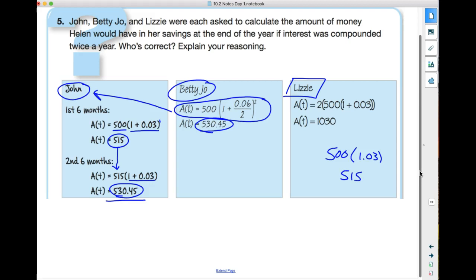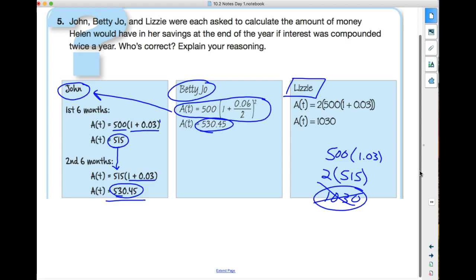And she's saying, yep, I get that twice a year, for $1,030. That doesn't happen. They're not paying you your initial investment of $500 over again, nor did you deposit any more money. So she's multiplying way too much.